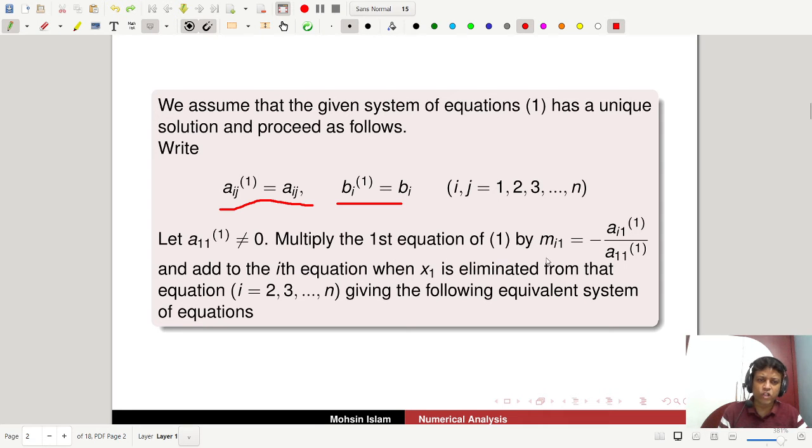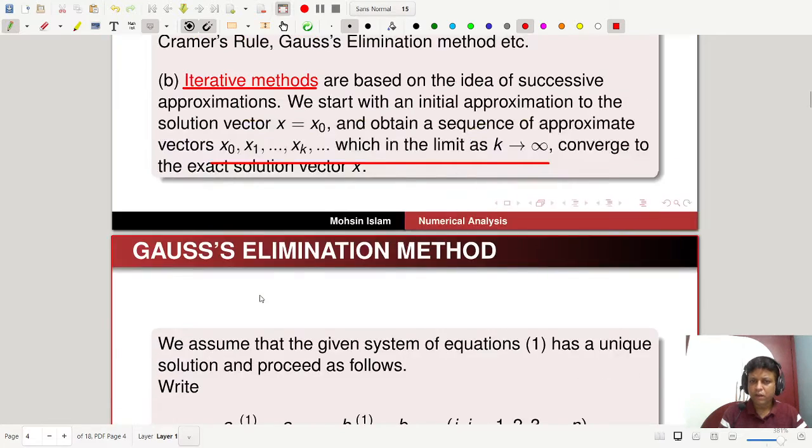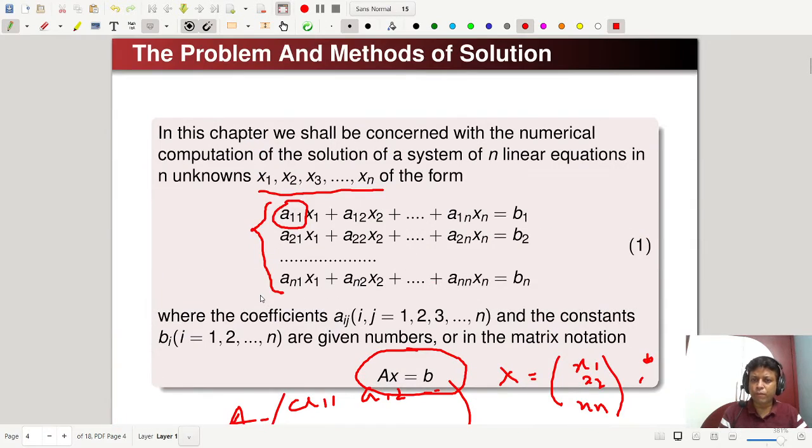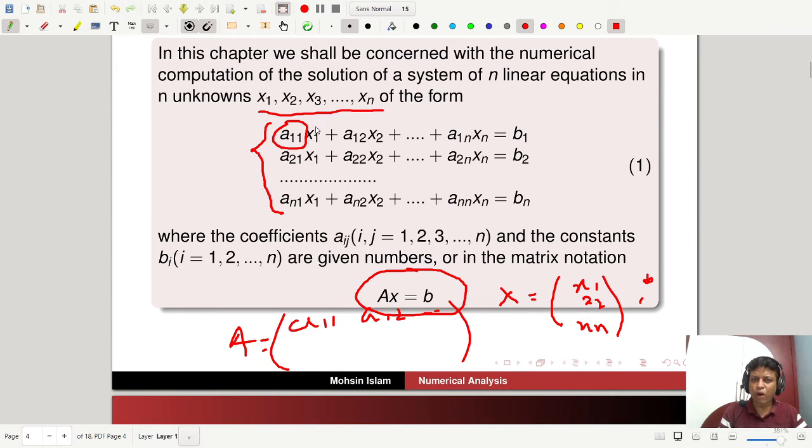Multiply the first equation by mi1, that is equal to minus ai1 by a11, if it is not equal to 0. That means I'm using the elementary row operations, and add to the ith equation so that x1 is eliminated from that equation. So let me give you more idea on that. This is a11 not equal to 0.